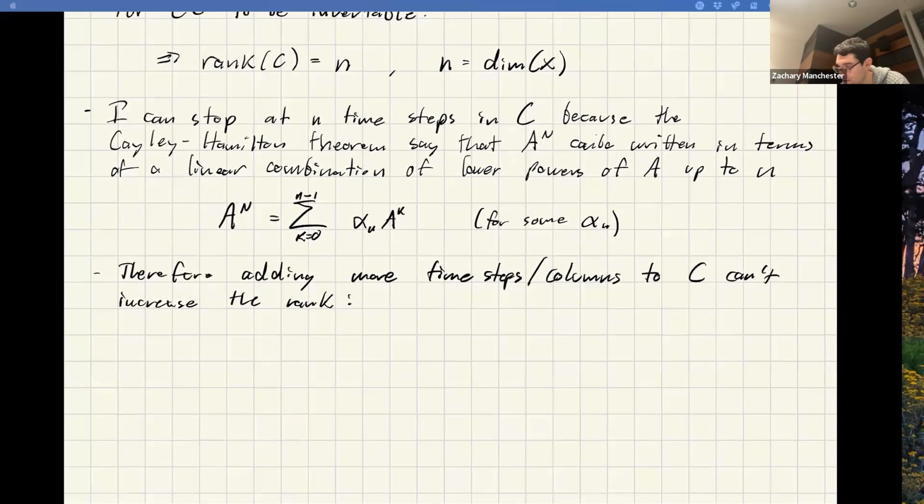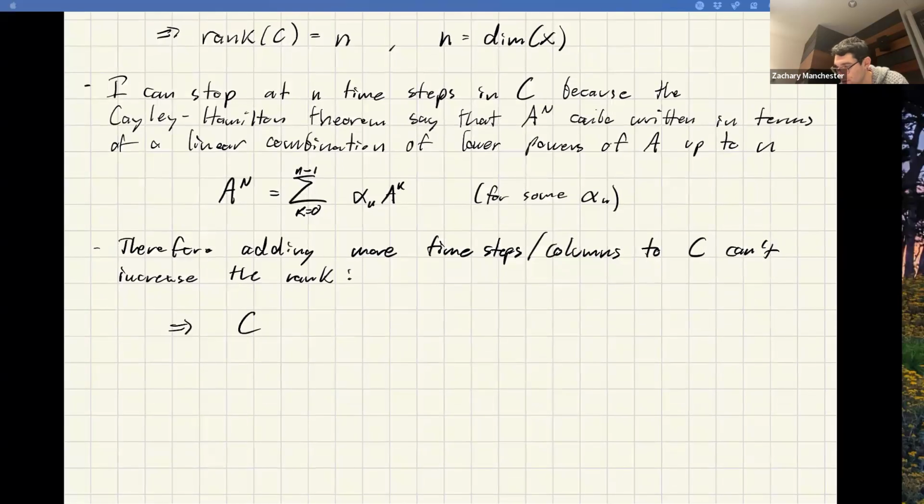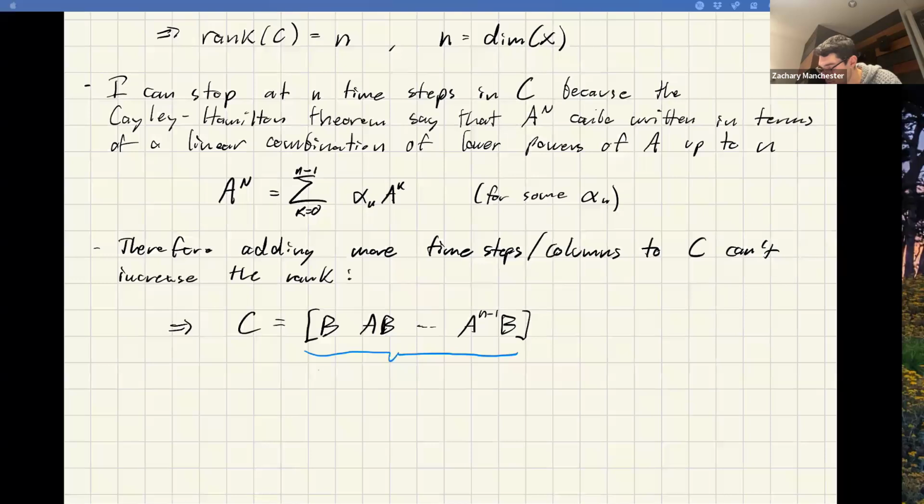And so this controllability matrix, we're going to define now as looking like the following: B, AB, dot dot dot, up to A to the n minus 1 times B. So it's got little n time steps' worth of U's in it, and this thing is called the controllability matrix.